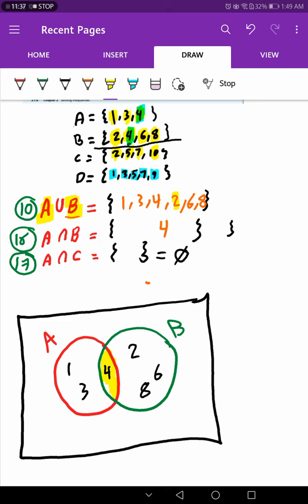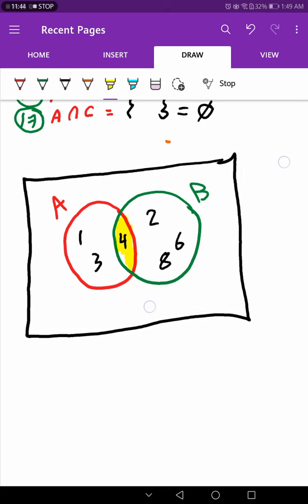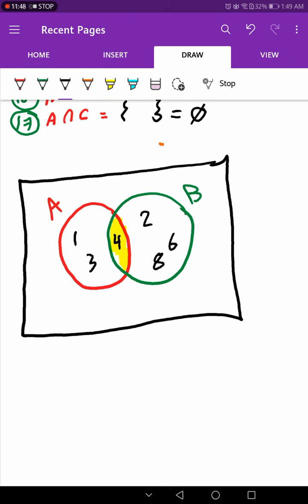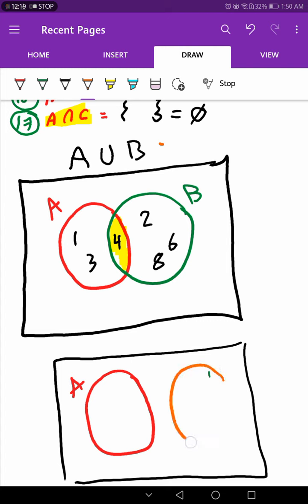Okay, now if I want to draw A intersect C, first of all, this is A union B. Now I will use the Venn diagram to draw A intersect C. I draw the rectangle, I draw the set A, and this represents set C. Consider it a circle. Okay, it does not look like a circle, but you can consider it.